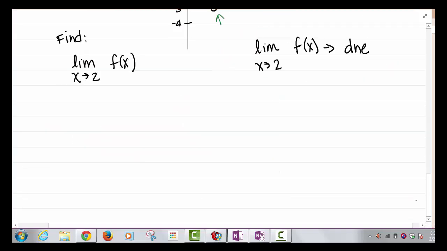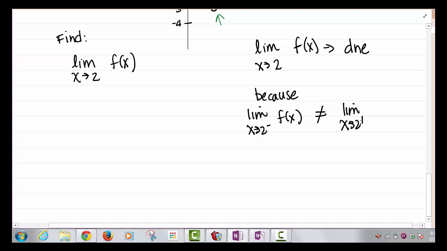The reason it does not exist is because the limit as x approaches 2 from the left of f of x does not equal the limit as x approaches 2 from the right of f of x. So that is why the limit does not exist. Whenever it says does not exist, you have to justify why.